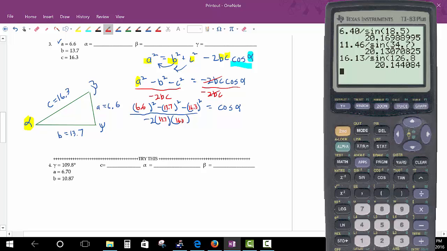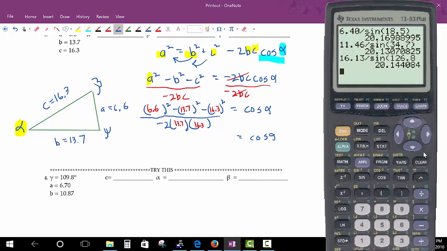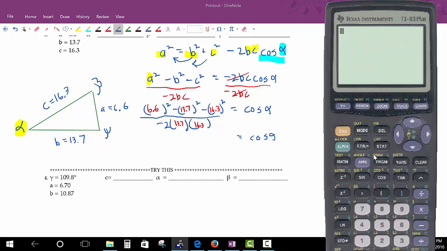Let me zoom in on that just a little bit. I can see that a little bit better. Okay, so what I'm going to do is just bring down the cosine alpha, and I'm going to crunch this whole thing out on my calculator. So watch carefully how I do this. If I want to do this in one step, I could have parentheses around this entire numerator and parentheses around that entire denominator.